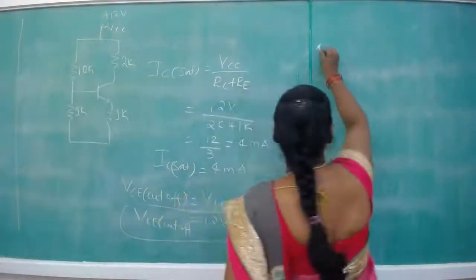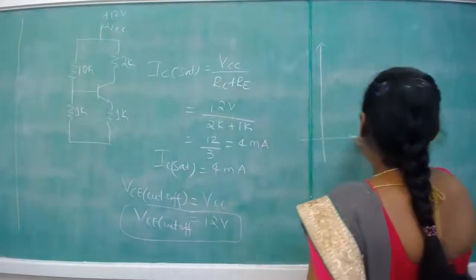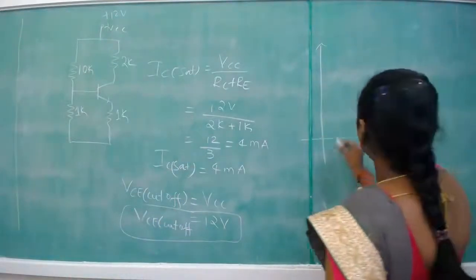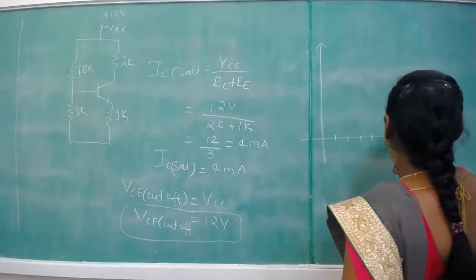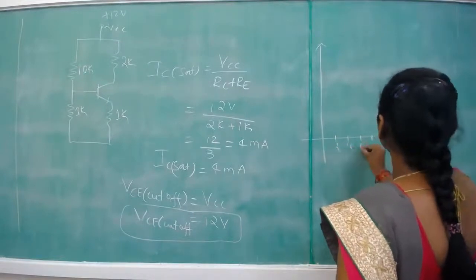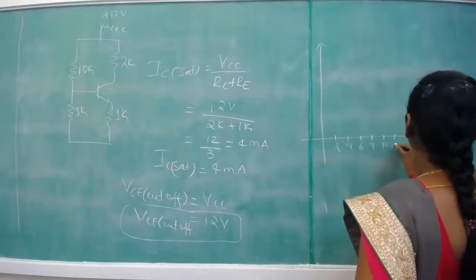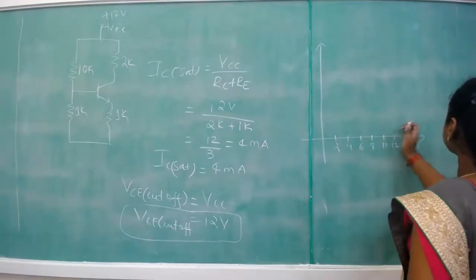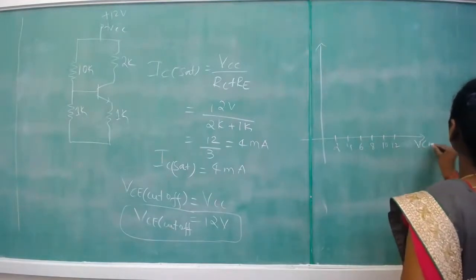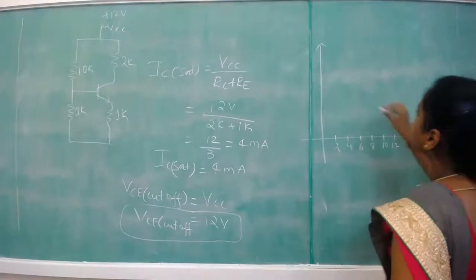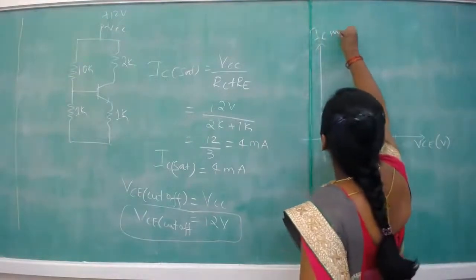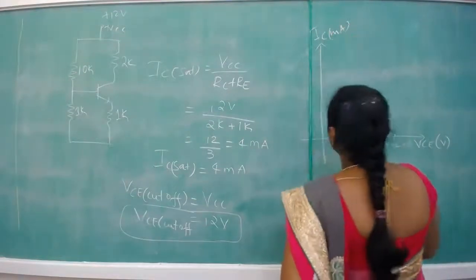So if we are going to draw the DC load line here, we are taking the voltage in steps of 2: 2, 4, 6, 8, 10 and 12 volts. VCE in terms of volts, IC in milliamperes.